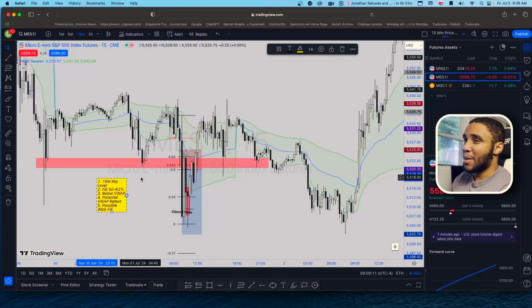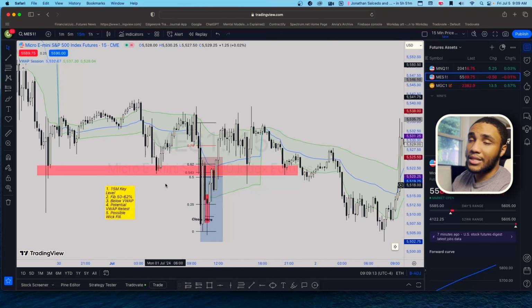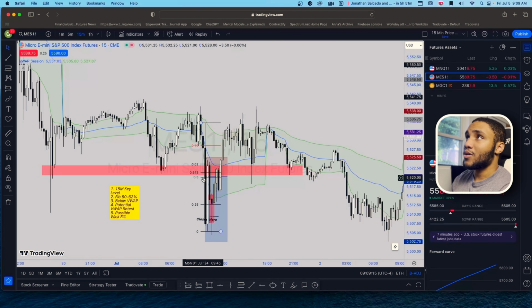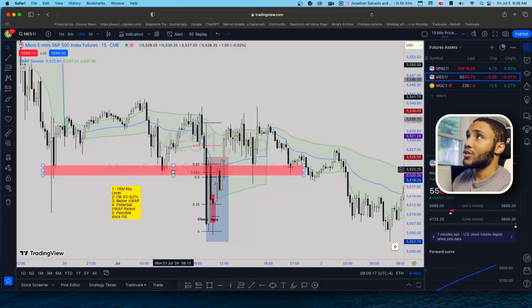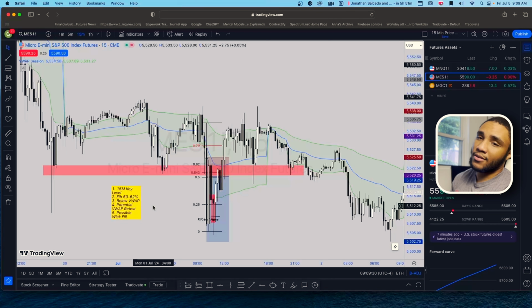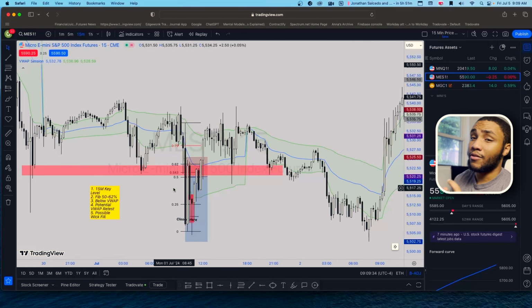So I like to see some type of support, some type of resistance. If I'm selling, I like to see resistance. So in this case here, I used market structure to be in line, or in confluence, as I should say, with my Fibonacci retracement tool here. So that's how I use my second confluence, market structure. I'm just essentially looking for key levels to be in line with the fib as well too.